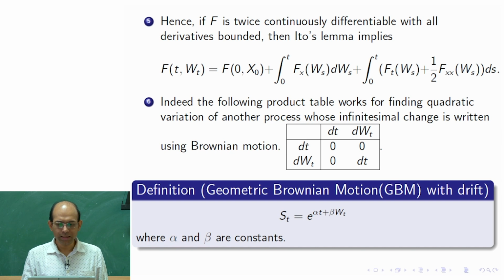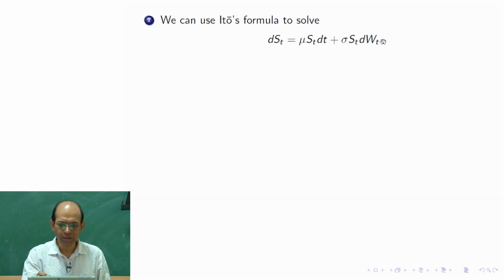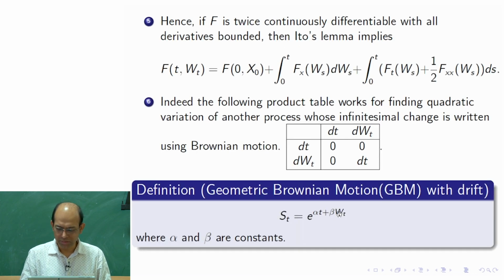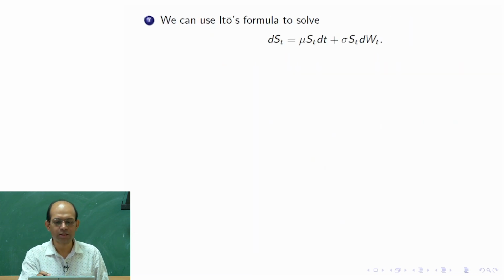Basically, I am writing down what one would get. In general, not with this alpha and beta, but with some other constants mu and sigma, consider this type of description of a stochastic process, where the increment of the process at time t, dst, is equal to mu, a constant, times st dt plus sigma st dwt.